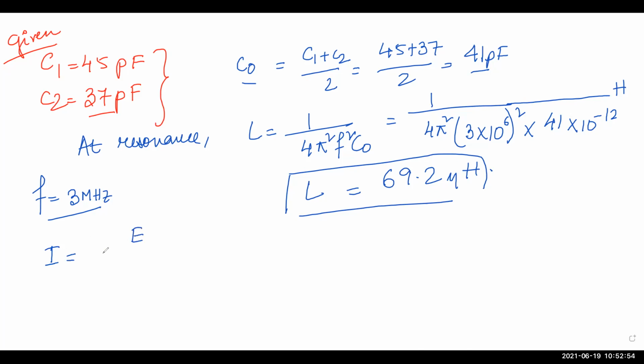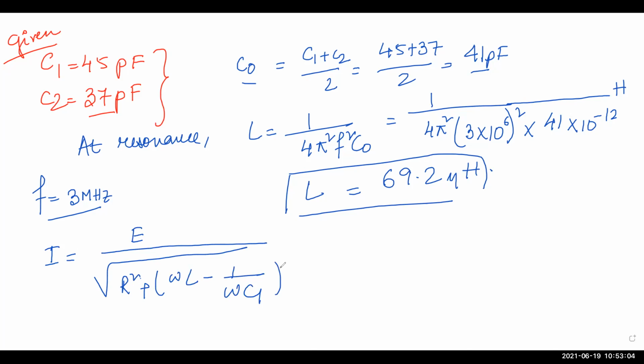The formula is E divided by root over R squared plus (omega L minus 1 by omega C1) whole square. In this equation, you don't know what E is, so you keep it as E. But you know all the other values.